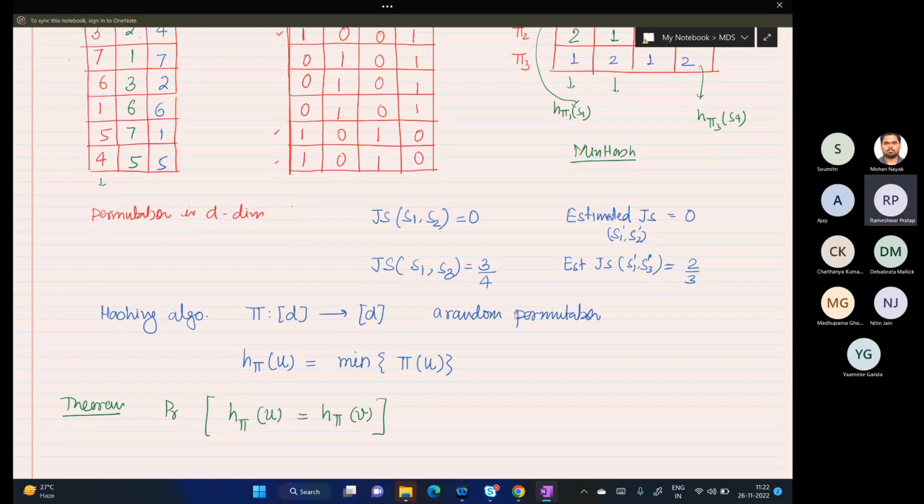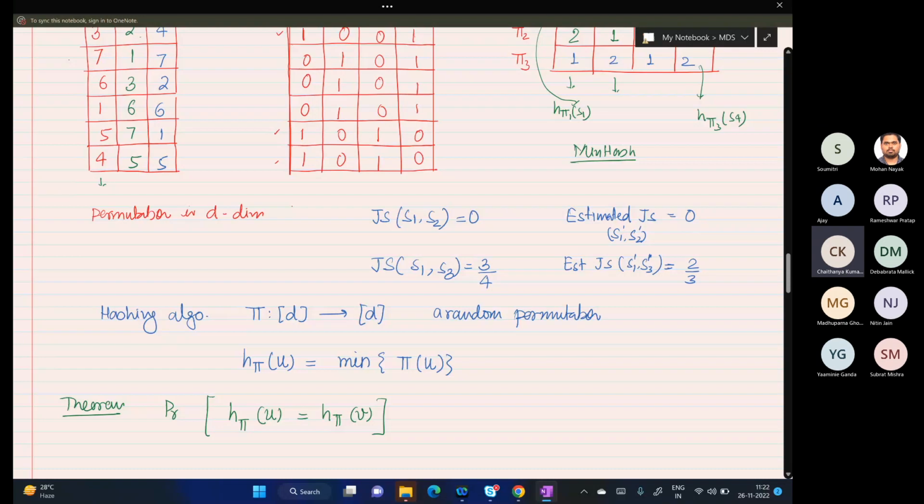Is my question clear? We take two sets U and V of binary vectors, take a permutation and calculate the corresponding MinHash value. What is the probability that their hash values will be the same?